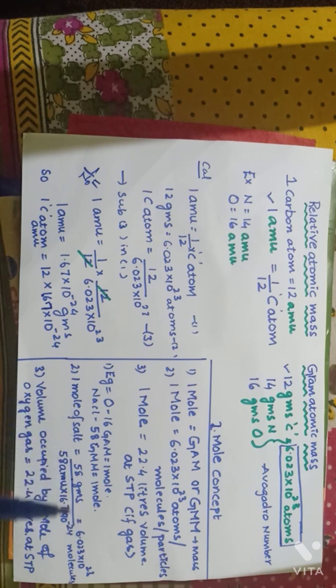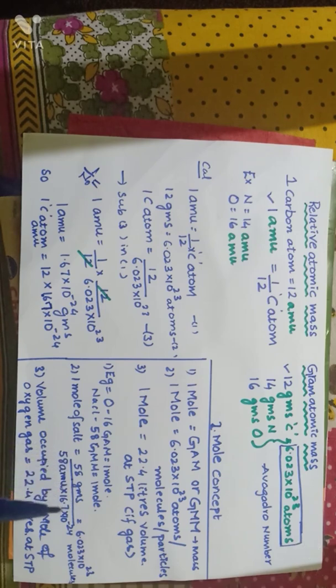So 58 grams of salt you have weighed on a weighing machine, divided by 1 molecule of NaCl. What is 1 molecule of NaCl? Its gram molecular mass is 58 atomic mass units. Because sodium is 23 and chlorine is 35.5, if we add, we get around 58.5.